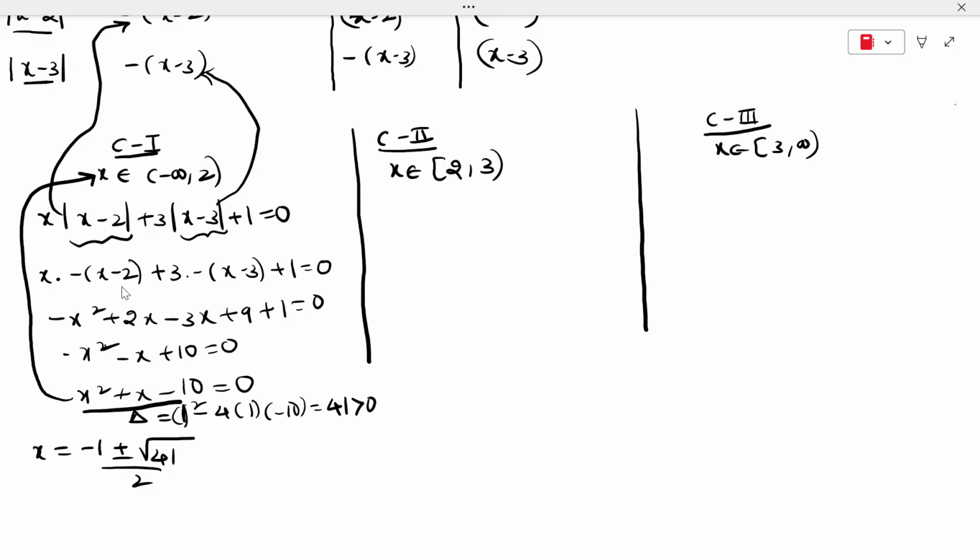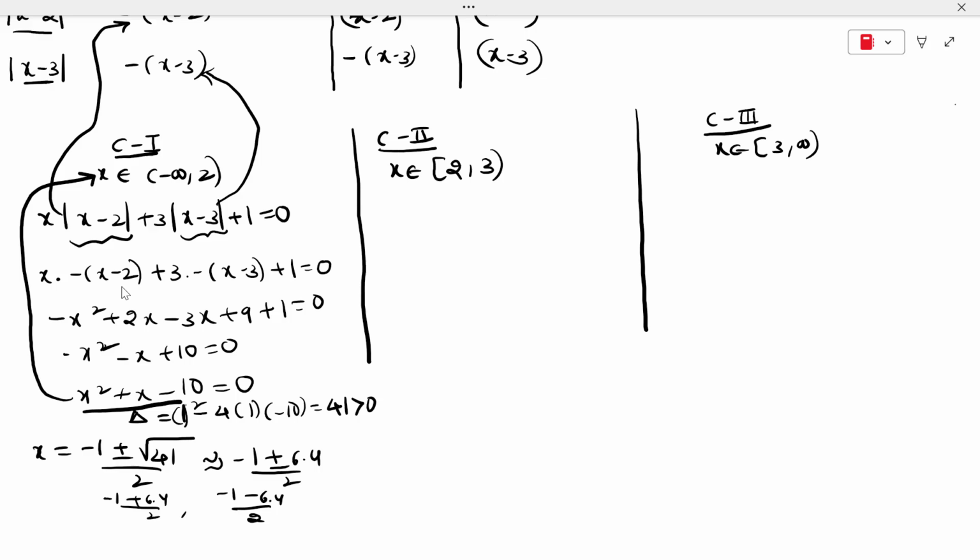Root 41 is between root 36 and root 49. Root 36 is 6, root 49 is 7, so somewhere between 6 to 7. So I am taking 6.4 approximately. So that would be minus 1 plus or minus 6.4 by 2. The first root is minus 1 plus 6.4 by 2. Second root is minus 1 minus 6.4 by 2.